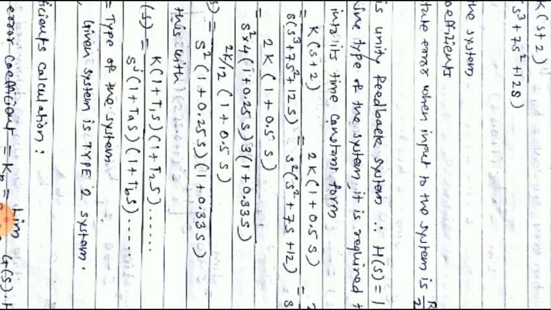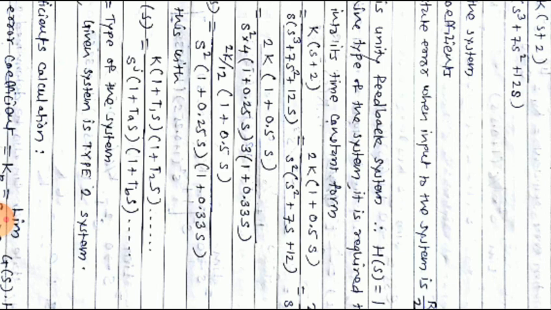Divide that second term, s cube plus 7s square plus 12s, by s: s cube upon s is s square, plus 7s square upon s is 7s, plus 12s upon s equals 12.